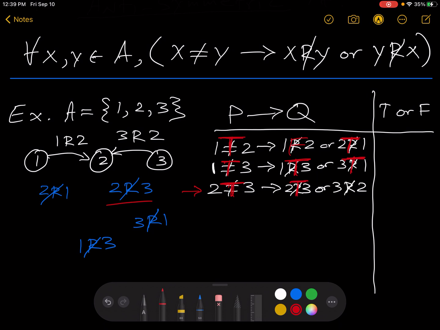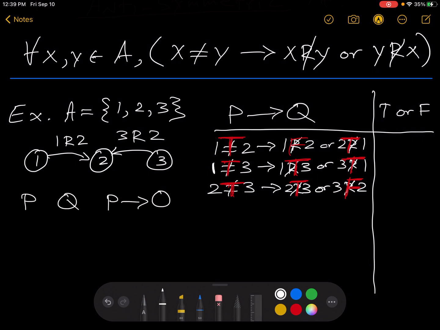And 3 not related to 2, well, that's false, because we know 3 is actually related to 2. Okay, now let's remember our definition of P implies Q. P, Q, P implies Q.